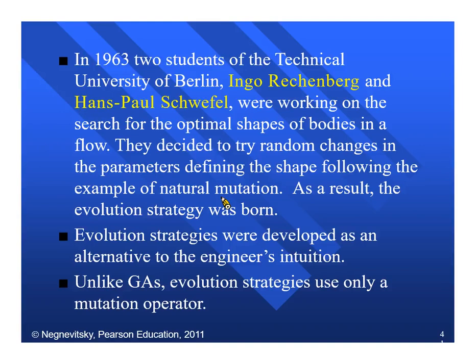In 1963, two students at the Technical University of Berlin, Ingo and Hans-Paul, were working on the search for the optimal shape of bodies in a flow. They decided to try random changes in the parameters defining the shape, following the example of natural mutation.